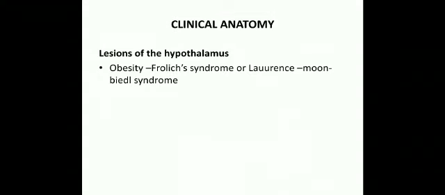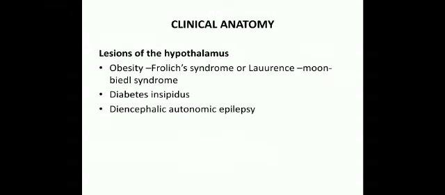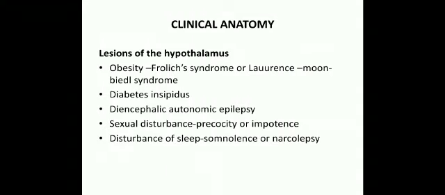The clinical aspect: the lesions of the hypothalamus give rise to the following syndromes: obesity, Froehlich's syndrome or Laurence-Moon-Biedl syndrome, diabetes insipidus, and diencephalic autonomic epilepsy characterized by flushing, sweating, salivation, lacrimation, tachycardia or retardation of respiratory rate, and unconsciousness, etc. Then sexual disturbances, either precocity or impotence.